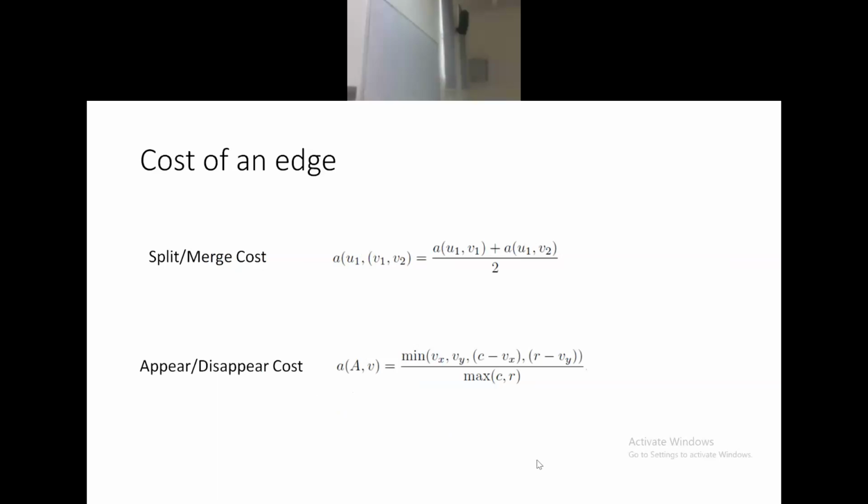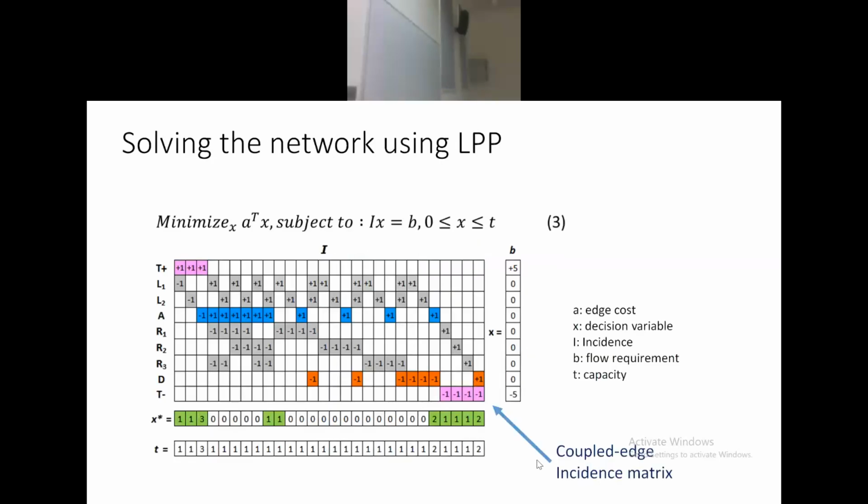We have also taken the split and merge cost, appearance and disappearance cost, and considering all the costs, we solve this network flow problem as an LPP problem. Now, in the LPP problem, generally you have an incidence matrix, right?